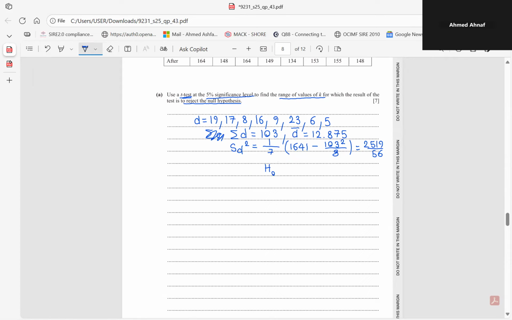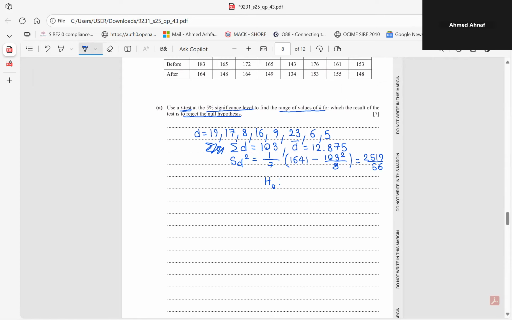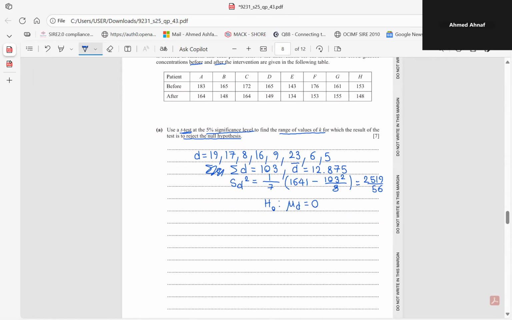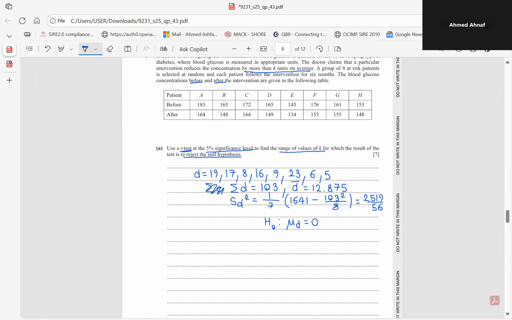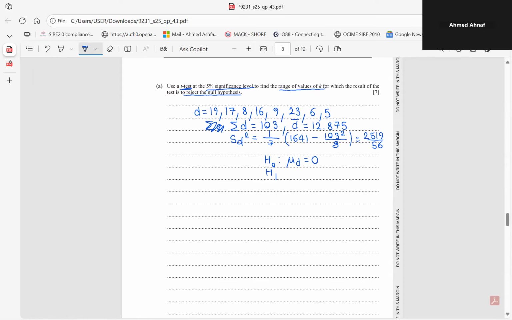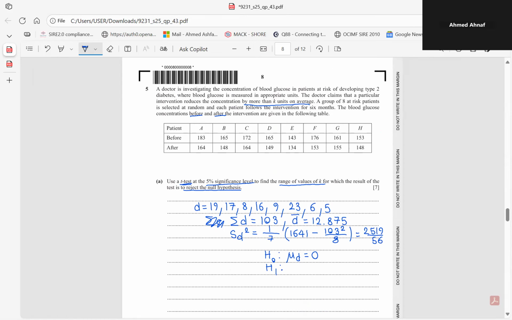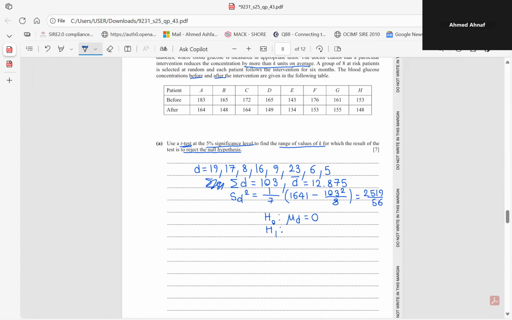So null hypothesis is gonna be that mu of D is equal to 0. So that means there's no change, no reduction, or increase in the concentration. And the alternative hypothesis would be the doctor's claim that the reduction is more than K units.